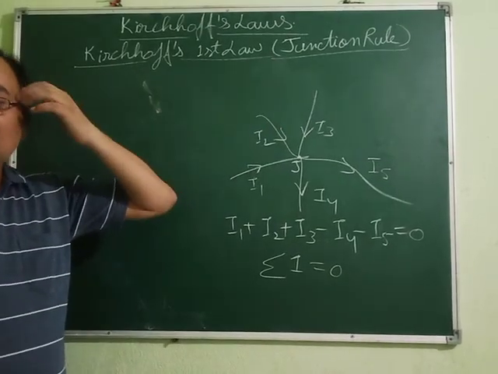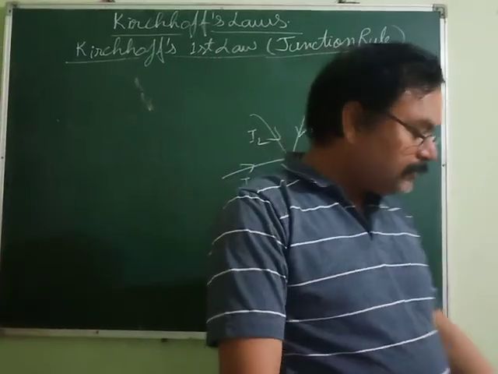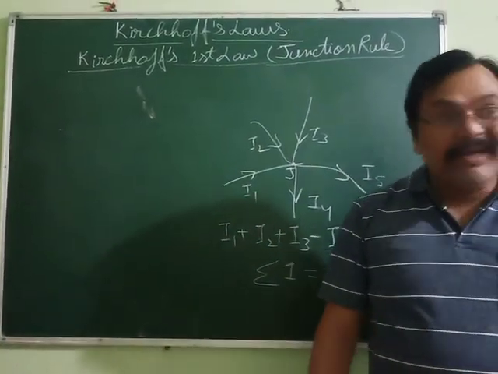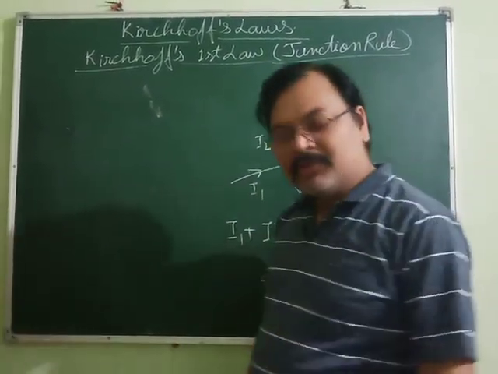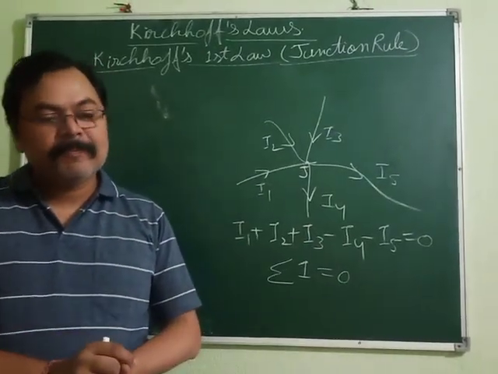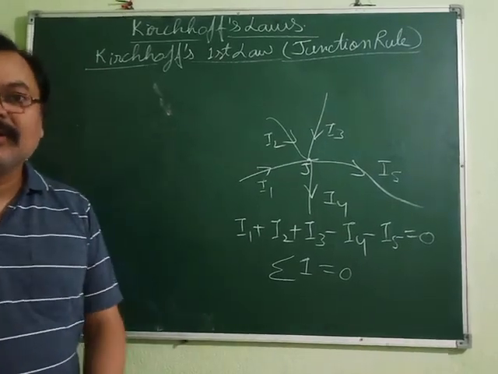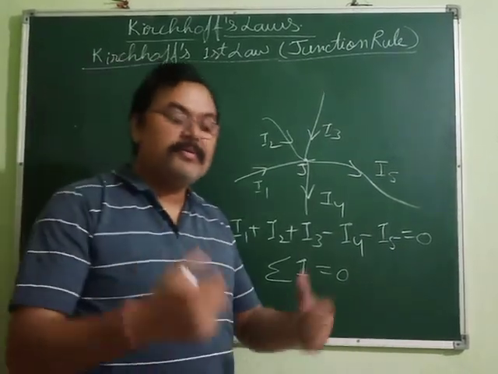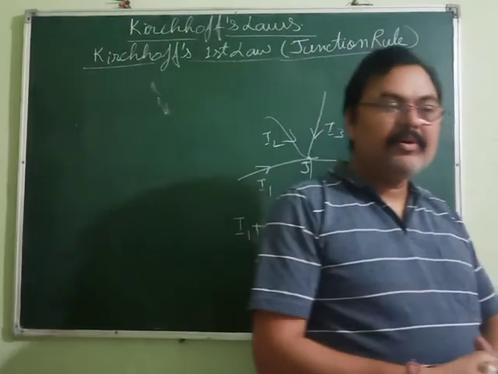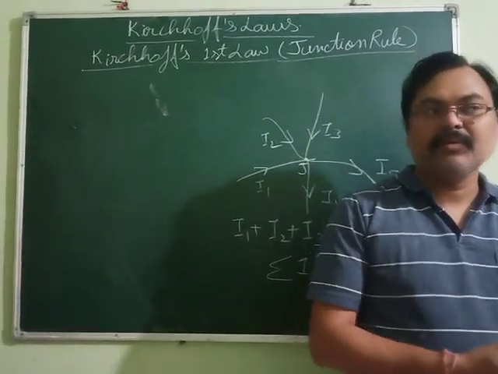Before that, just write the heading. Let us write the statement. Ready? Start writing. It states that the algebraic sum of electric currents at a junction is always 0. Full stop.